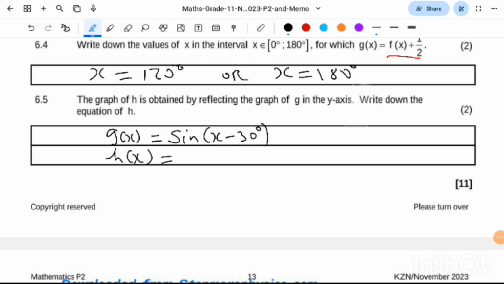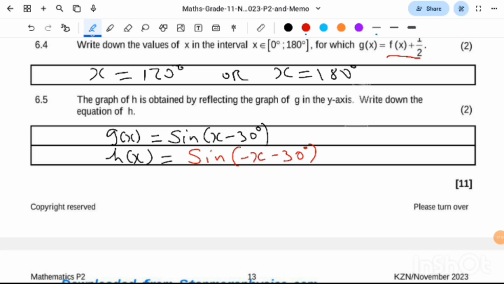Then they say the graph of h is obtained by reflecting g of x in the y-axis. So when you reflect a graph in the y-axis, only the values of x will change. That means where there's x, you put minus x. And then you are done.